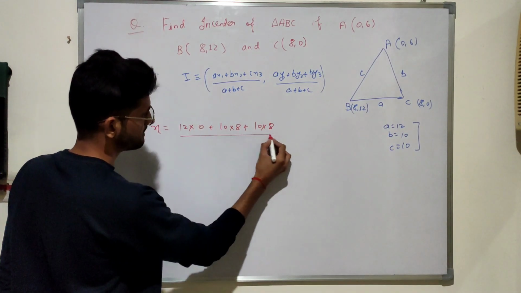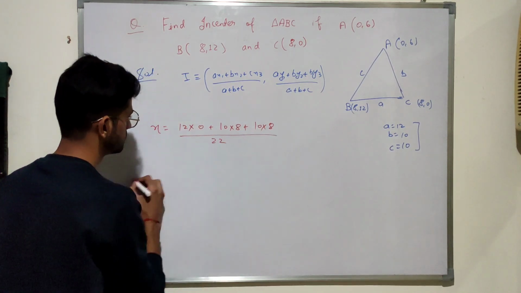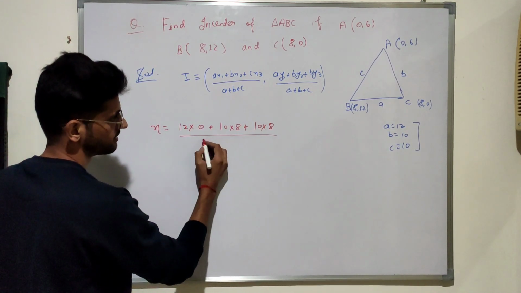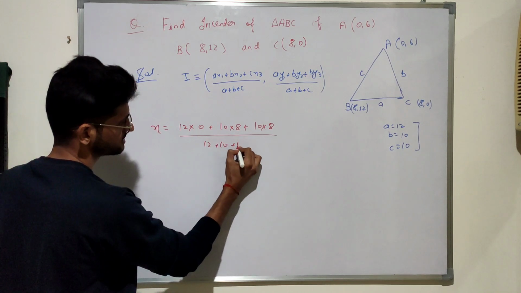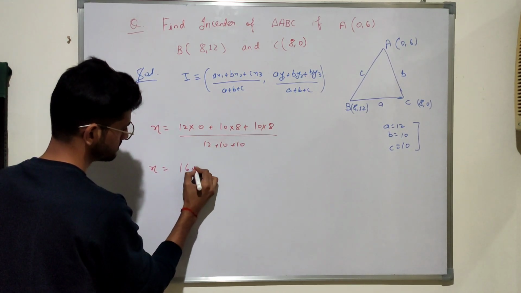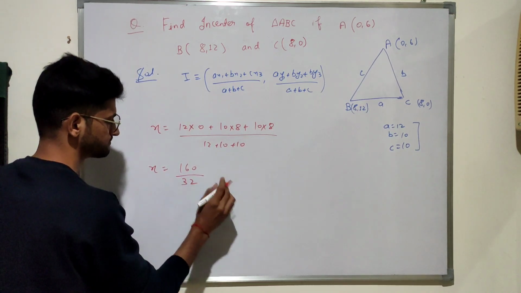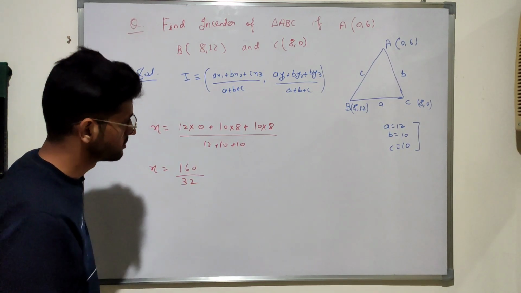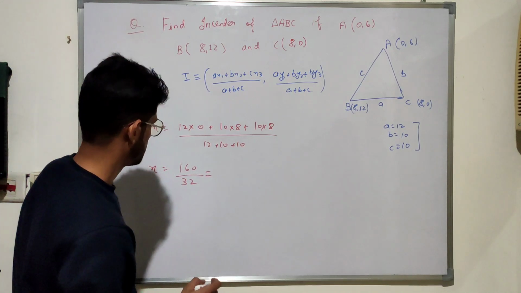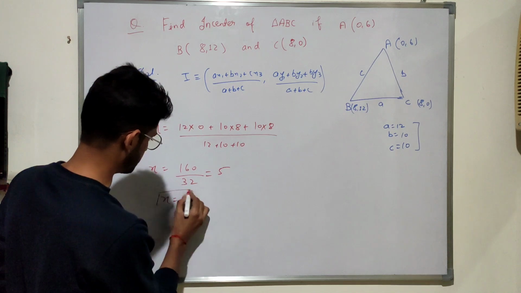It is divided by a plus b plus c, which is 12 plus 10 plus 10. So x is equal to 80 plus 80, 160, divided by 32. So this is going to be equal to 5. So x is equal to 5.